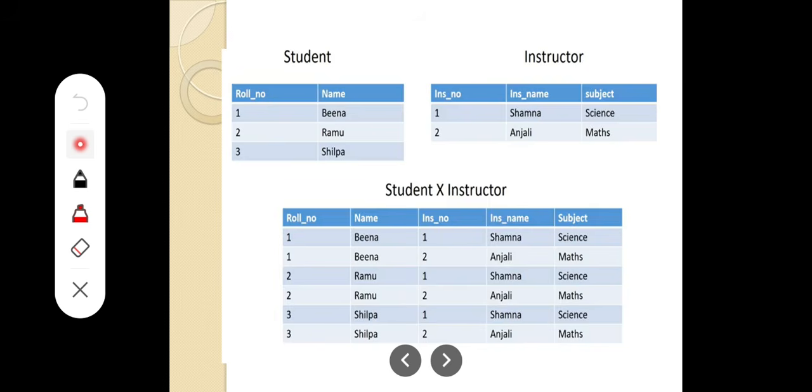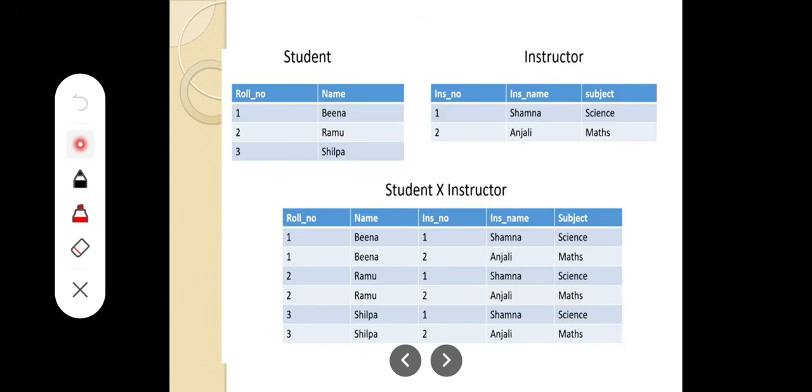So redundant values will occur in the cross product. This is the main drawback of a cross product. In order to reduce this drawback, we will go into another concept called a join operation, which we will see in the next slide.